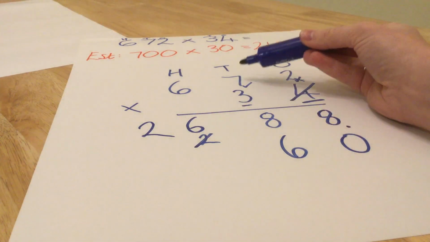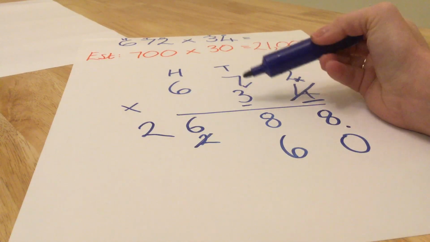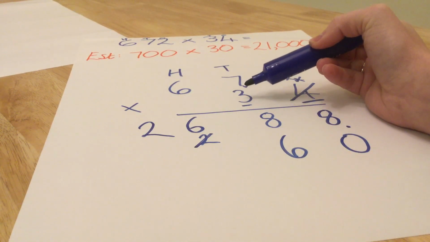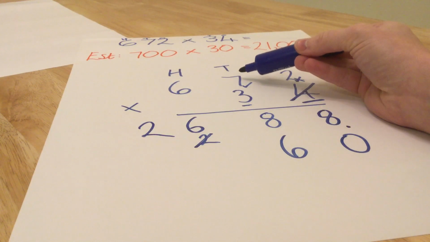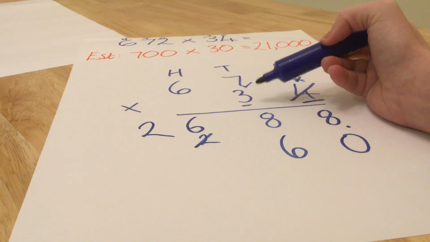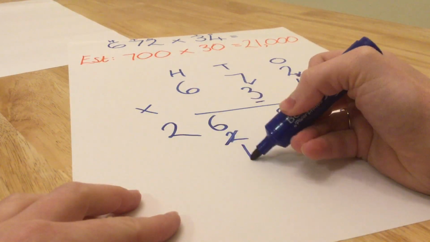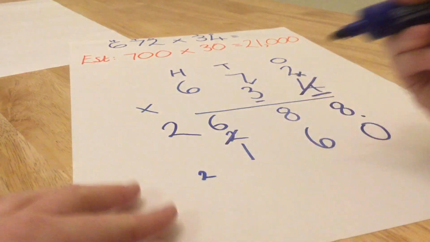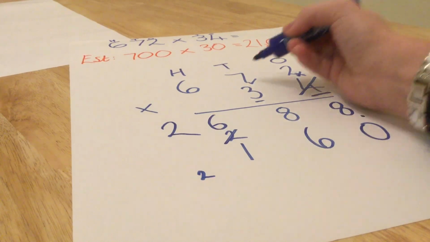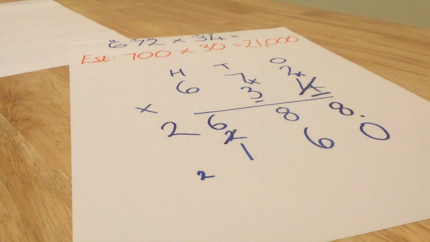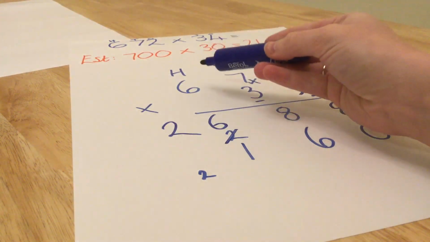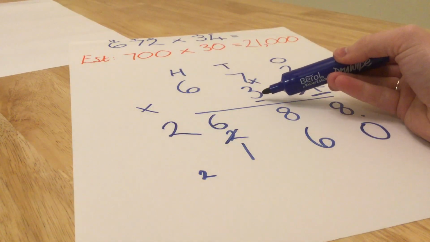Now I need to do 70 times 30. I'm going to use my number facts again by doing 7 times 3. 7 times 3 is 21. So I put my 1 here and carry my 2. So I've done that one. Now I move to my hundreds column, and I need to do 600 times 30.